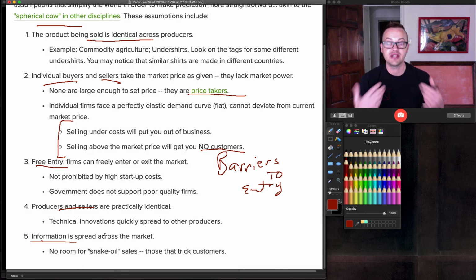Okay, so these are key points to keep in mind. Again, this model starts off very, very tight, very, very strict, not realistic, but we want to practice using it and to get some of these fundamental ideas from supply and demand.